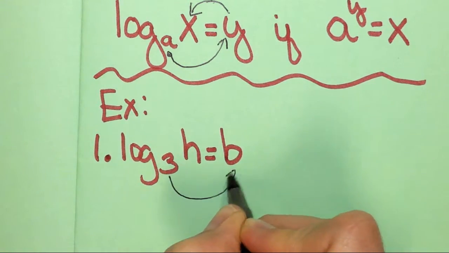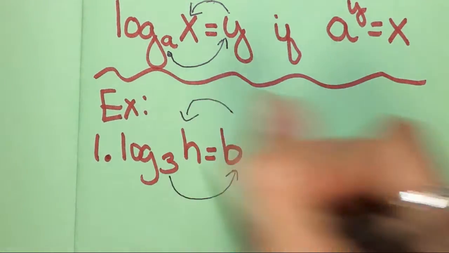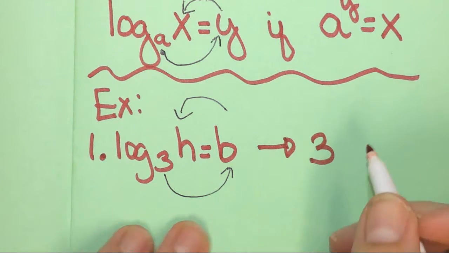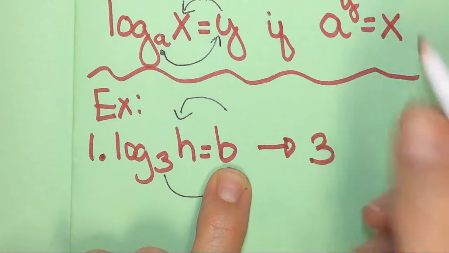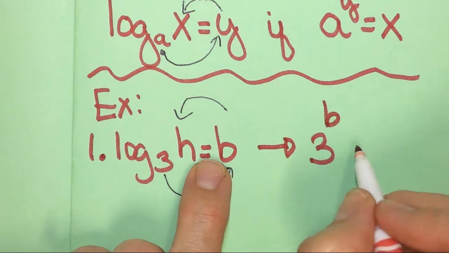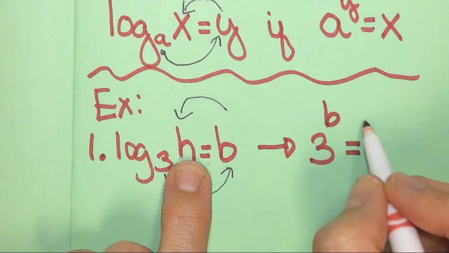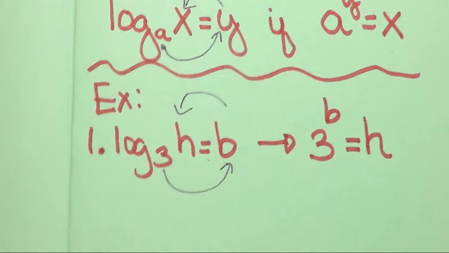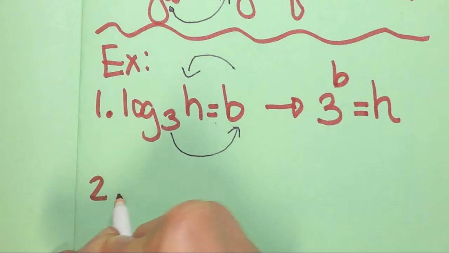And we're going to roll to the right. So if I start with my base of 3, I rolled to the right. What did I hit next? Raised to the B. I passed over the equals, and what does it equal? And you're done. You just went from log to exponential. It really is that easy. There's no tricks. And everybody today is like, it's going to get harder. No, it's not.